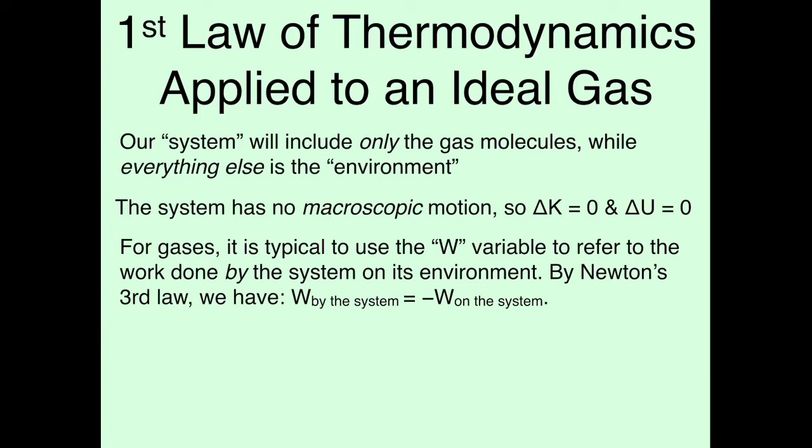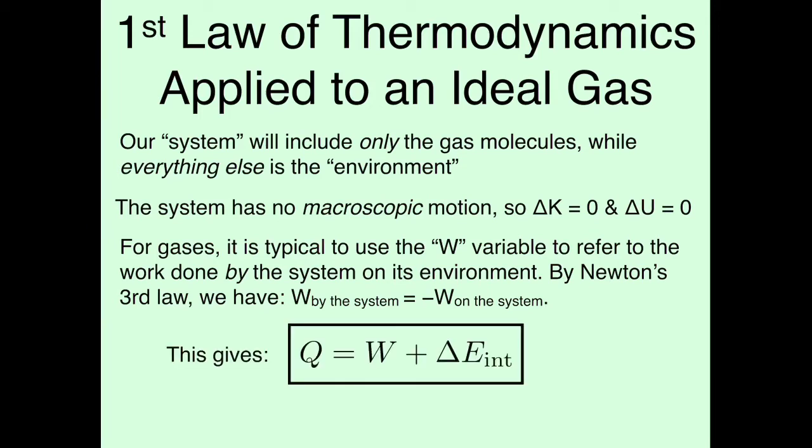So by Newton's third law, we can relate those two things. The work done by the system on the environment is equal to the negative of the work done on the system by the environment. I'm going to flesh that out in a little bit more detail in a second in case that's confusing, but the net result of that is we can get this equation out of the first law of thermodynamics, which says that Q is equal to W plus delta E internal, where again W is the work done by the gas.